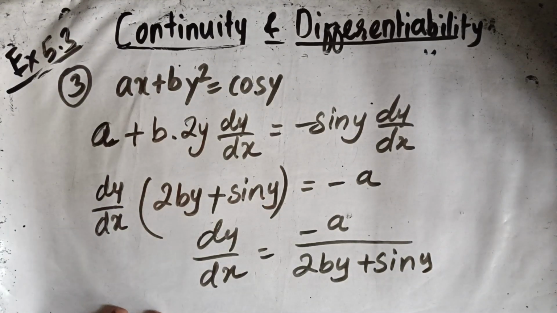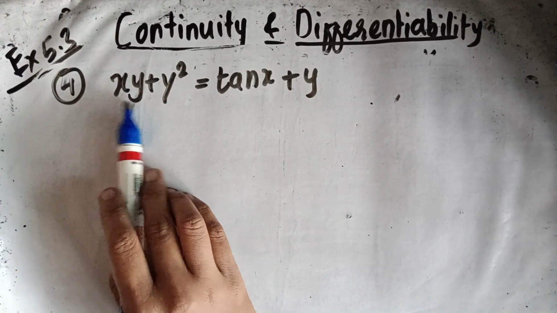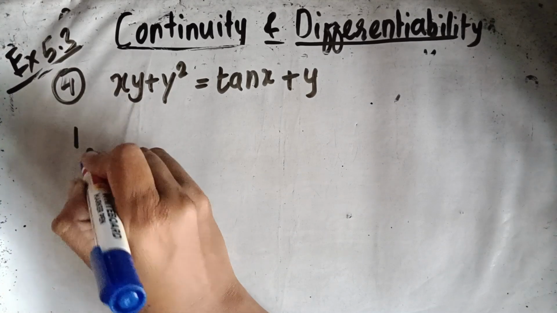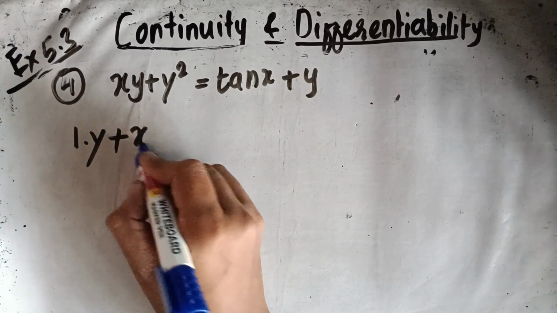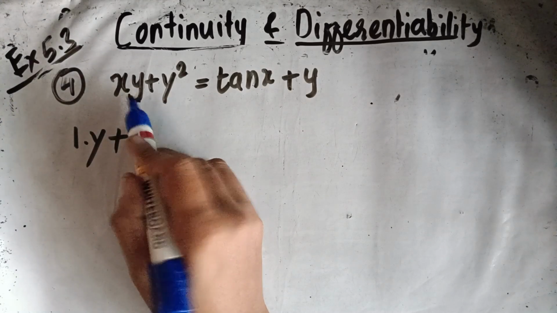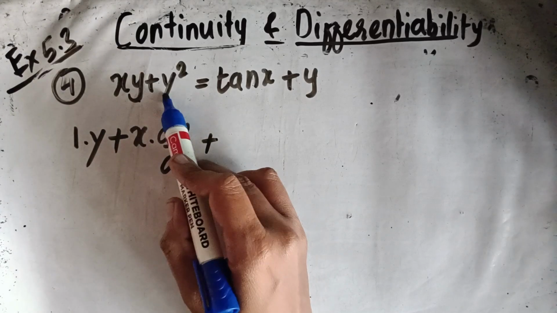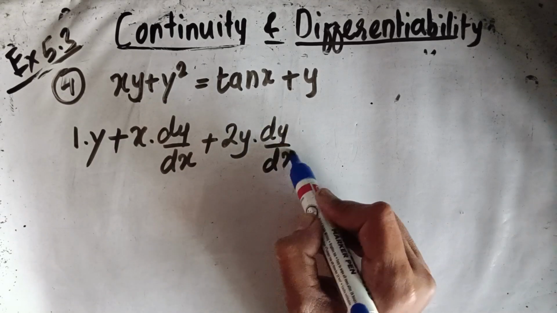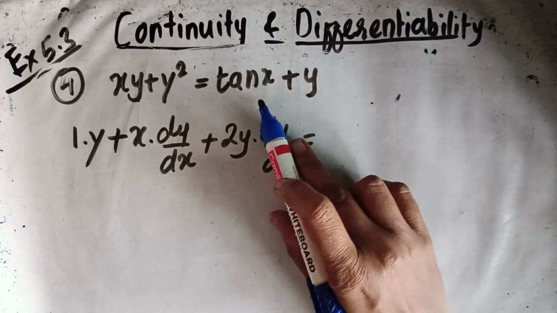Okay. Next question. So here this is uv. Okay. So first you differentiate x, 1 into y plus x you have to keep as it is and differentiation of y is dy by dx. Then this is 2y dy by dx. Every time wherever there is y you have to write dy by dx.